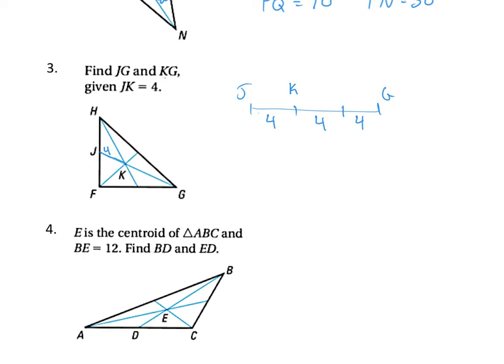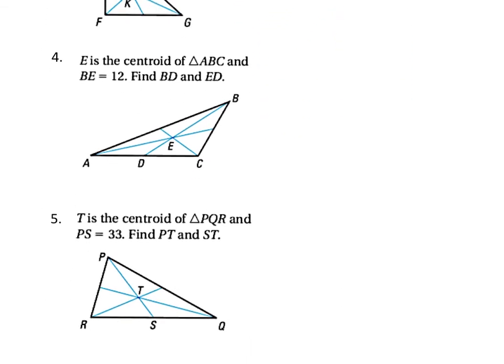So KG should equal 8, 4 plus 4 is 8. And JG should be 4 plus 4 plus 4, or 4 times 3, which is 12.